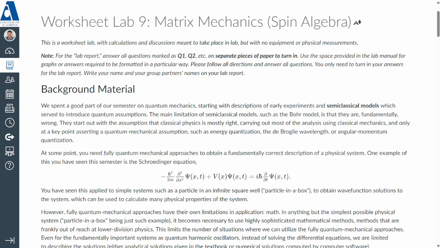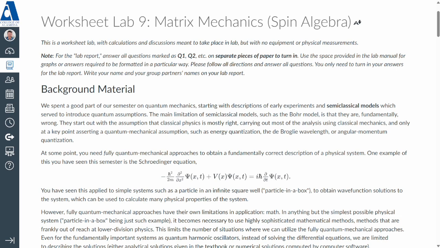I'll start by reading the background material. We spent a good part of our semester on quantum mechanics, starting with descriptions of early experiments and semi-classical models, which serve to introduce quantum assumptions. The main limitation of semi-classical models, such as the Bohr model, is that they are fundamentally wrong.